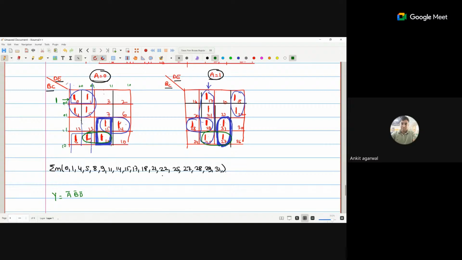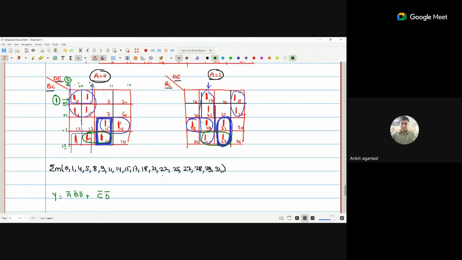Okay. Now the second group. This one is the second. For the second group, this one and this one. So C is constant 0, 0, C bar, and D is also constant 0, 0, so D bar.